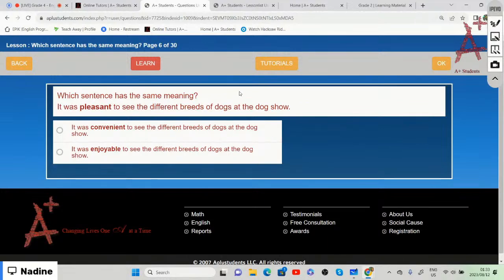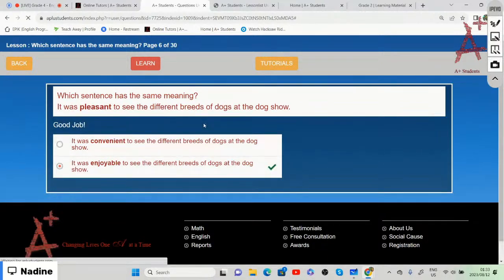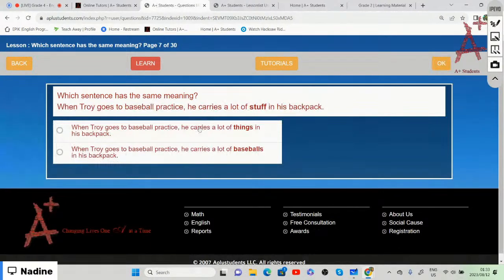So we need to find a word that is the same or similar in meaning to pleasant. Is convenient the same as pleasant? Or enjoyable the same as pleasant? So pleasant, we can say it was enjoyable, right? Because they had fun, they enjoyed it, they liked it.